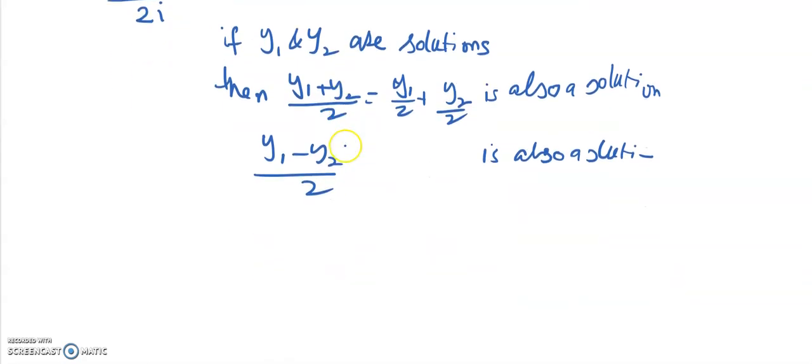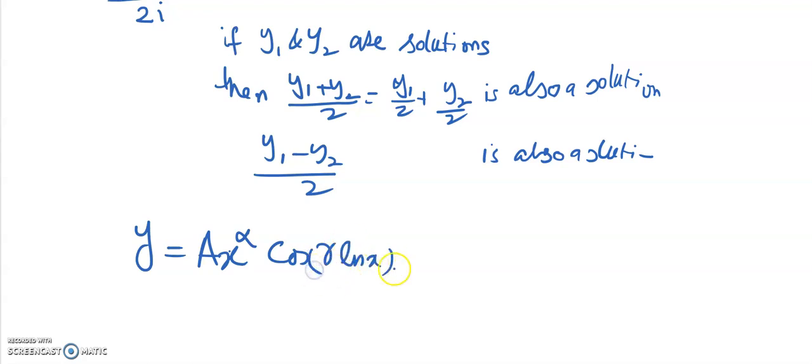So we can write the general solution as some constant a times x to the power alpha cosine of gamma log of x, and then b times sine of gamma log of x.